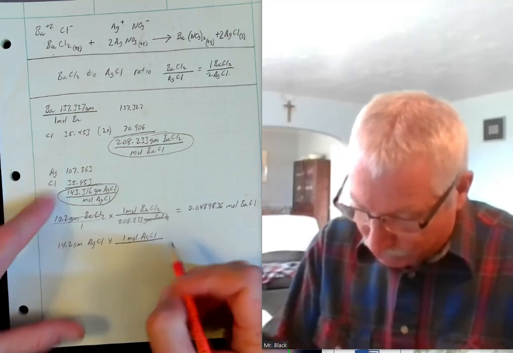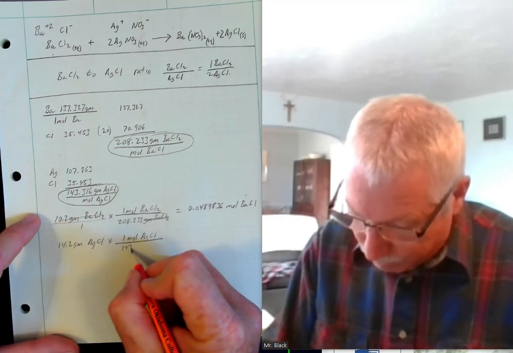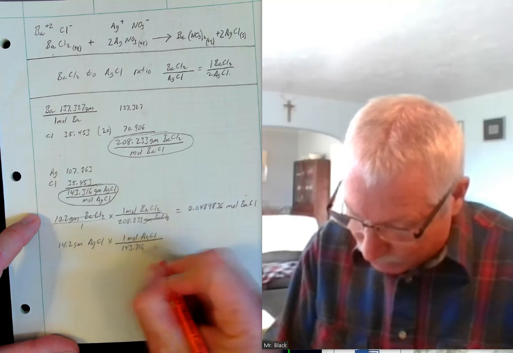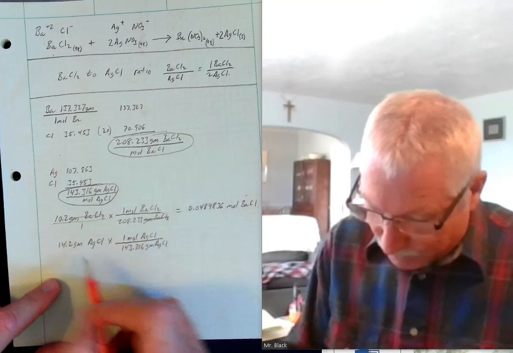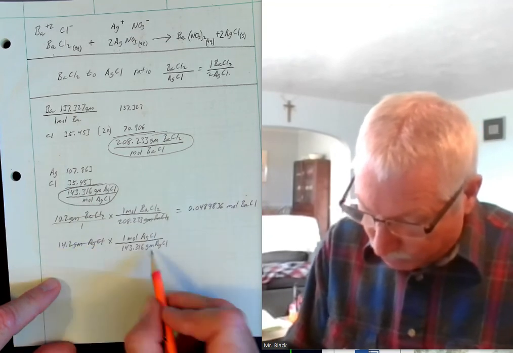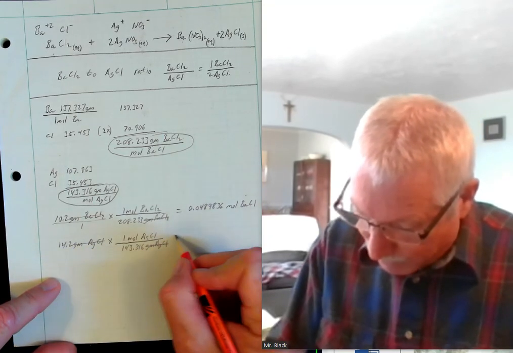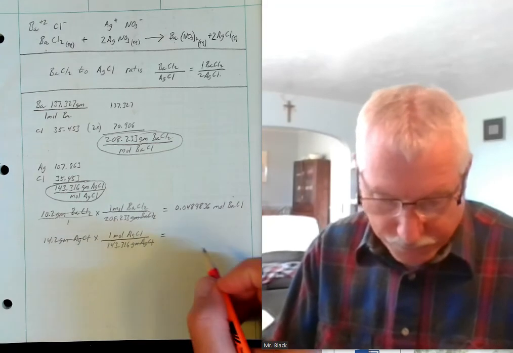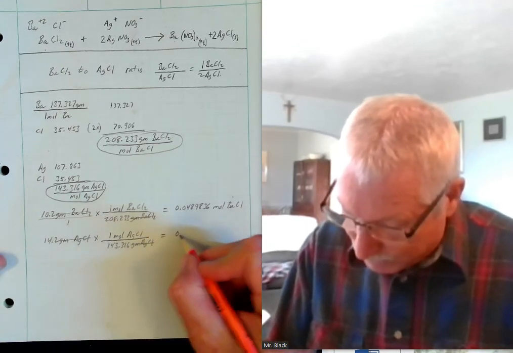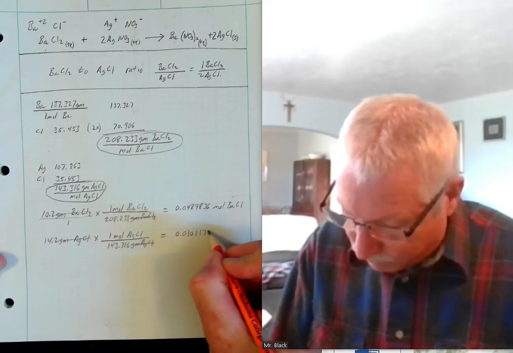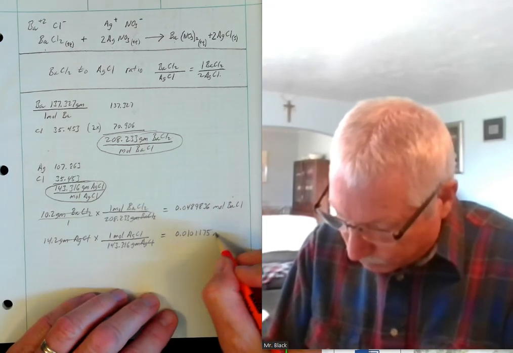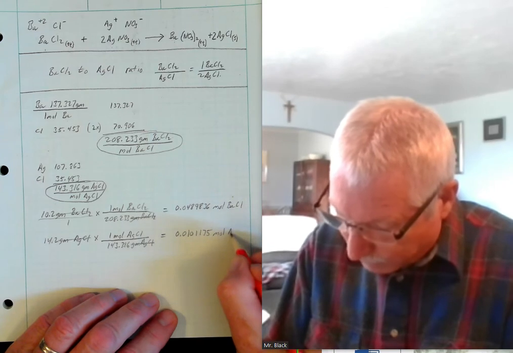And then our mass, 143.316 grams of silver chloride. Again, the grams silver chloride will cancel, and that gives me an answer of 0.0101175 moles of silver chloride.